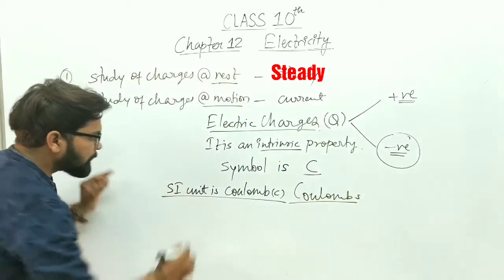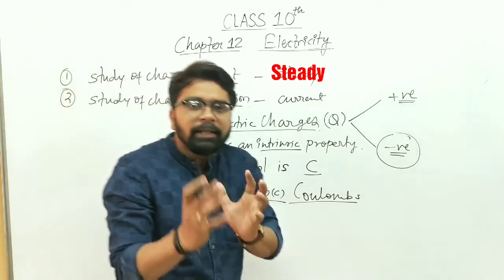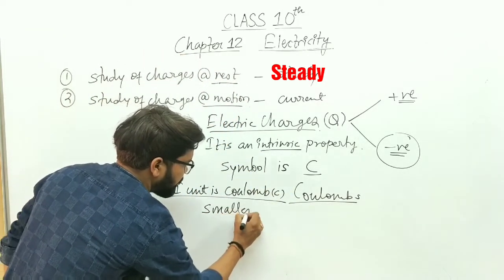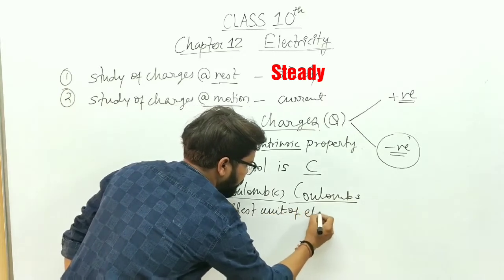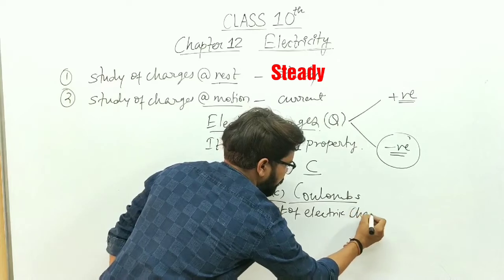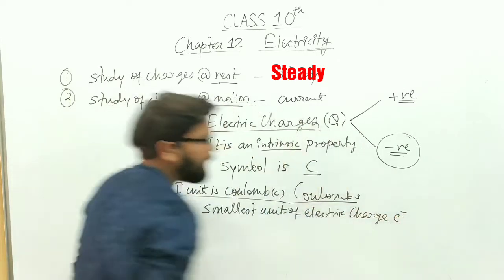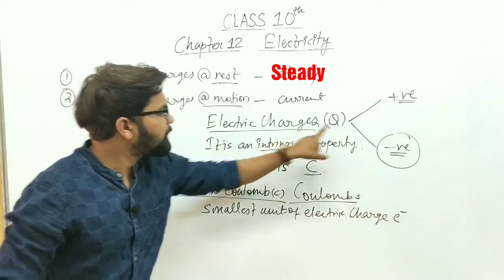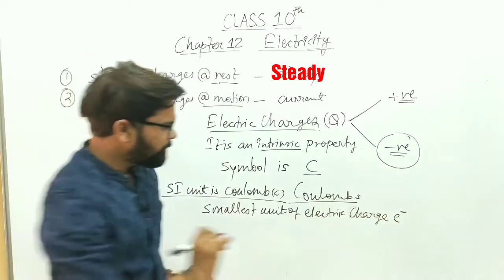So the smallest unit of electric charge, or we can say the charge, is denoted e with a minus sign. It is e to the power minus, just a notation.